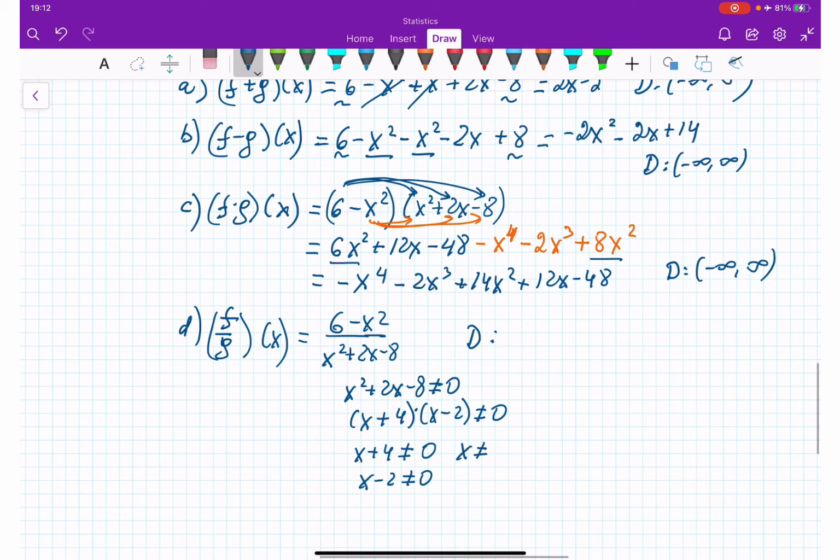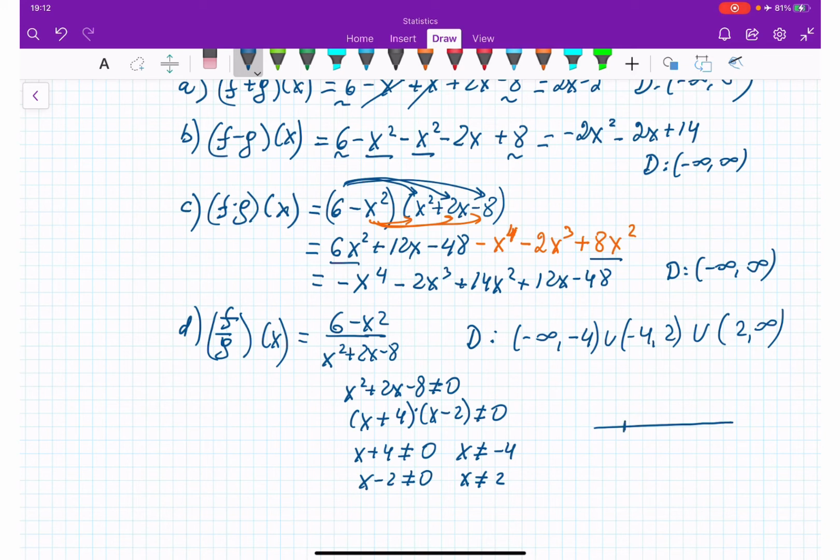So x cannot be equal to negative 4, x cannot be equal to 2. So the domain is going to be negative infinity till negative 4, then between negative 4 and 2, and 2 and positive infinity. So real quick, for whoever is confused, negative 4, positive 2: negative infinity is coming till negative 4, then breaking at the point of 2, and from 2 it's going to positive infinity. All right.